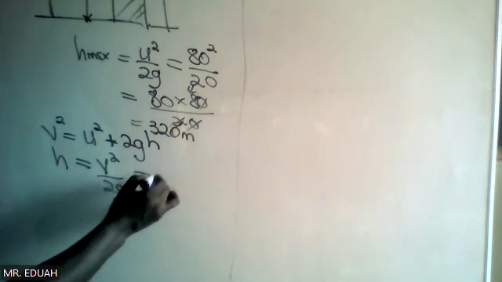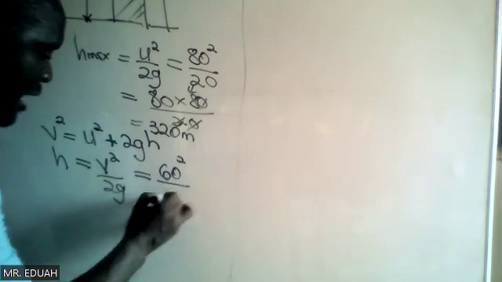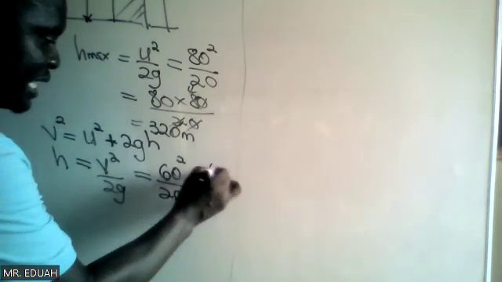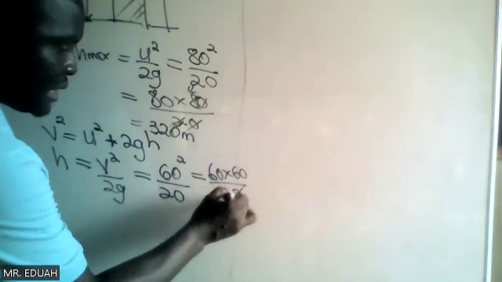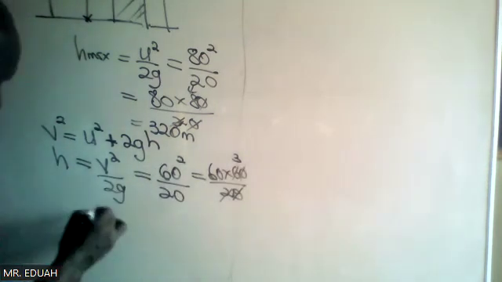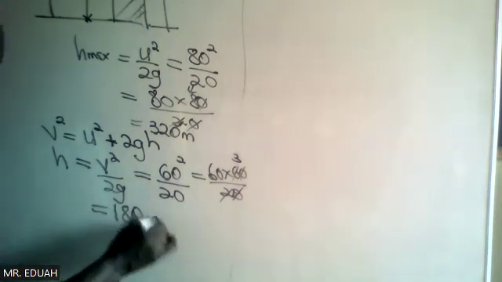So 60 squared over 20, which is 60 times 60 over 20. And this would be equal to 180 meters.